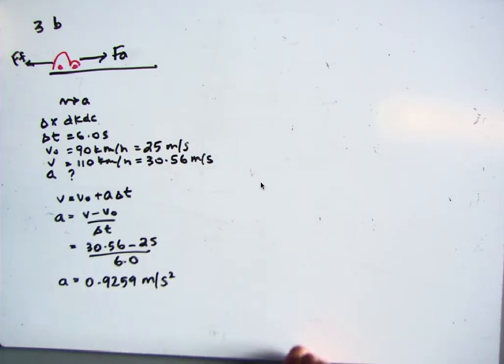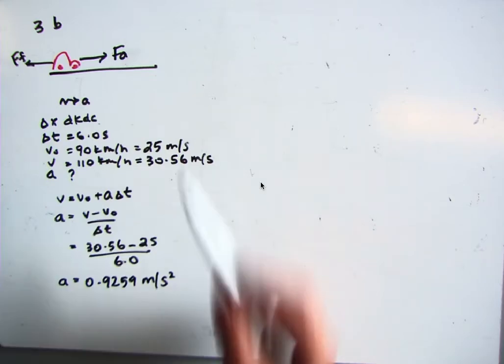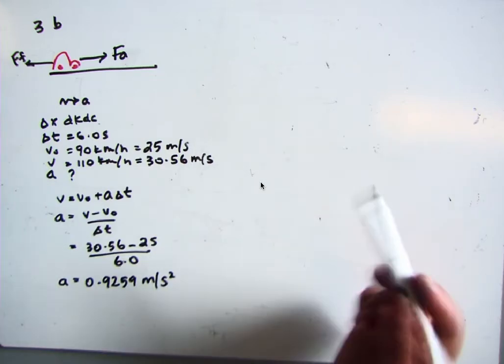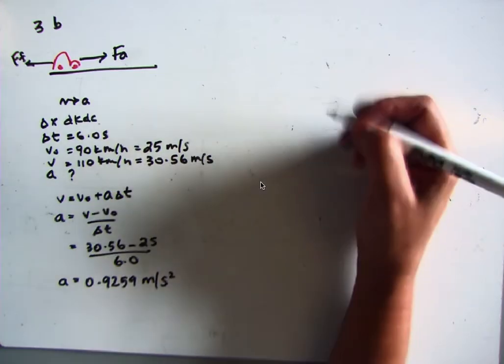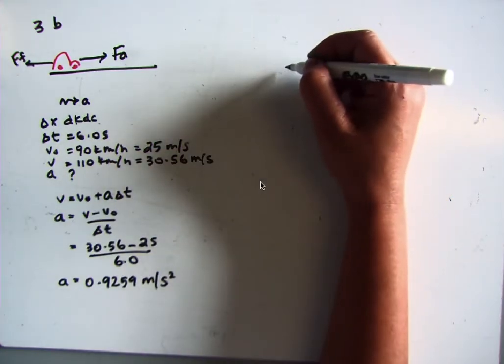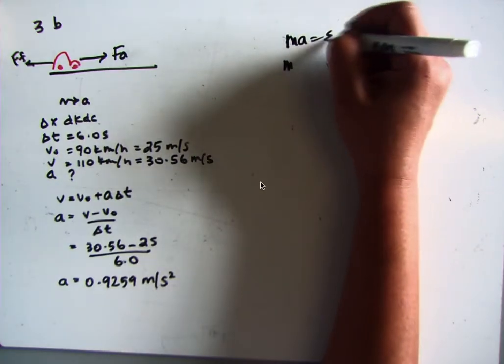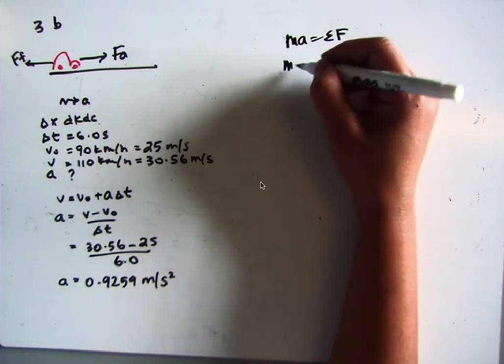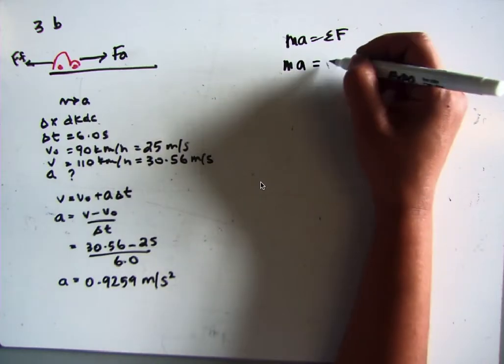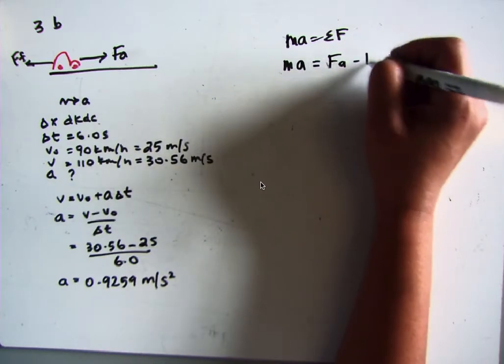Now, let's see. In this case, what we're going to do now is look at our forces. F equals MA, the sum of the forces. So we know what MA is, but the sum of the forces is going to be FA minus FF.